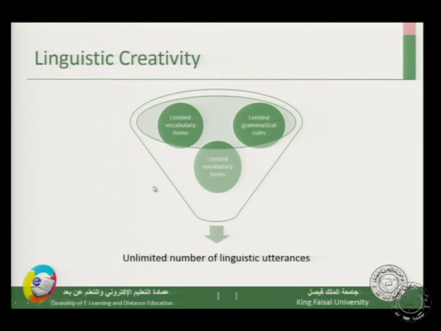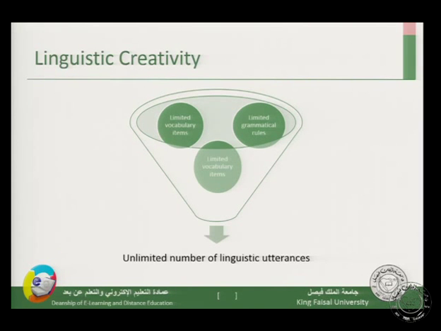Here we have an illustration which shows that with limited grammatical rules, as you know, grammatical rules are limited. We have a limited number of grammatical rules. And of course we have a limited number of vocabulary items. If you can count the vocabulary items of one language, they can be roughly around 500,000 words or so, but not more than that.